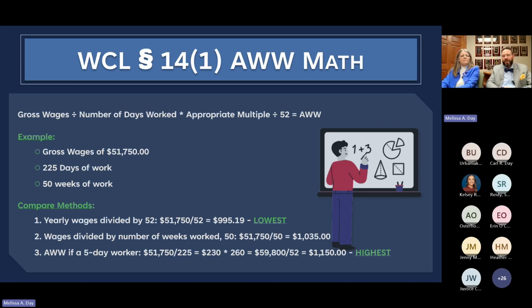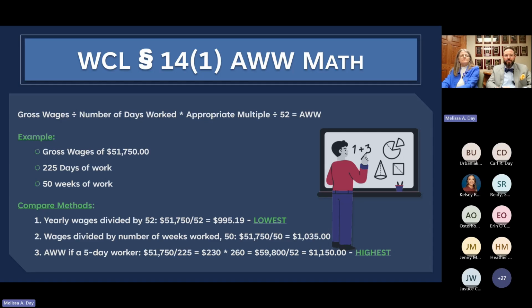Well, if you just do a straight divisor, which according to case law doesn't exist as a matter of law, it's not a divisor, but it's called an actual multiple, we divide by 52, you get $995.19. But if you take the wages divided by the number of weeks worked, 50, you're going to get $1,035.